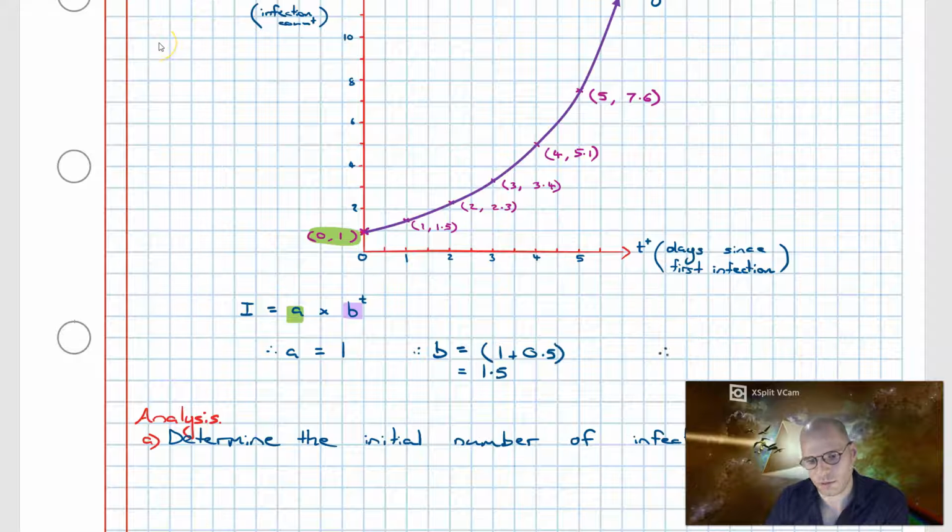And therefore, what this means is our value for I, or our model that explains this situation, is 1 multiplied by 1.5 all to the power of T. Now using this model we can perform a few analyses.